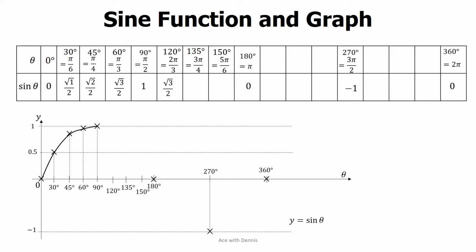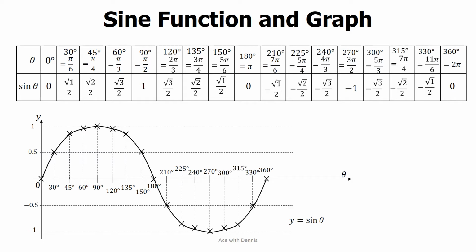So that's why sine 120 degrees is √3 over 2, which is at this point. Sine 135 degrees, which is √2 over 2, will be at this point. Sine 150 degrees is 1 over 2 or half, which is at this point. Okay, again we join the points. Okay, we get this curve.